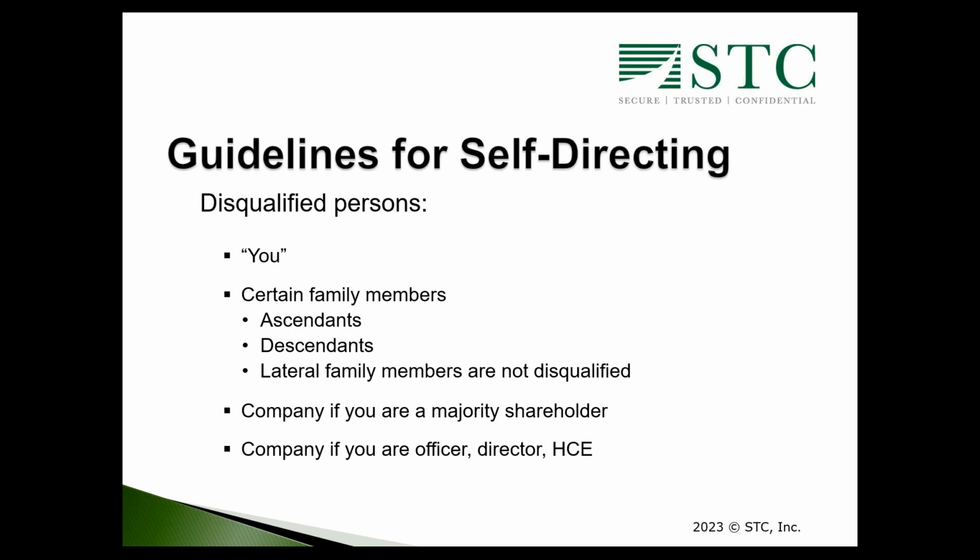During this webinar, I do often have real estate investors. Oftentimes they are running their real estate investing business through a company, could be an LLC, could be an S Corp, whatever. That company, if they are the majority shareholder or an officer, director, HCE, that company is a disqualified person to their retirement account. So something to keep in mind when you're thinking about structuring transactions.